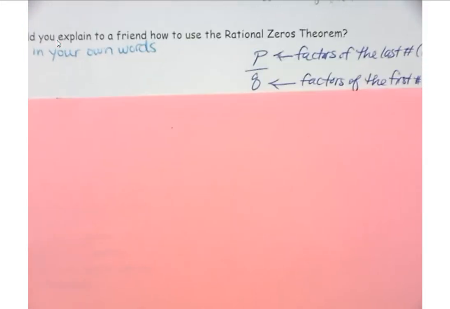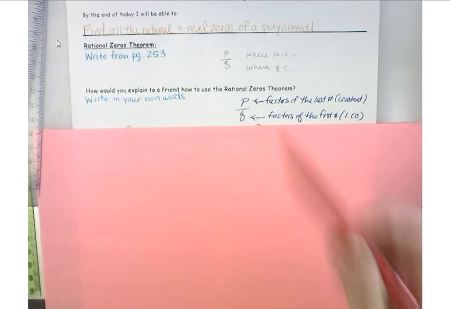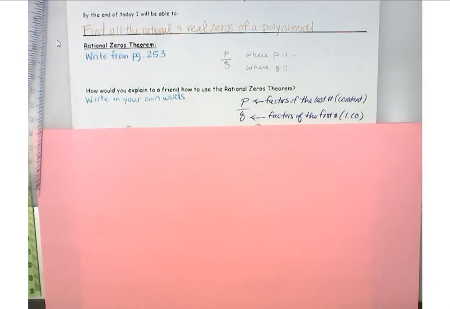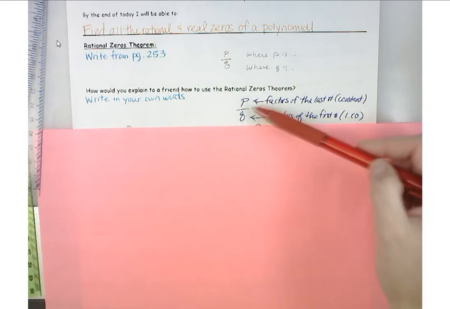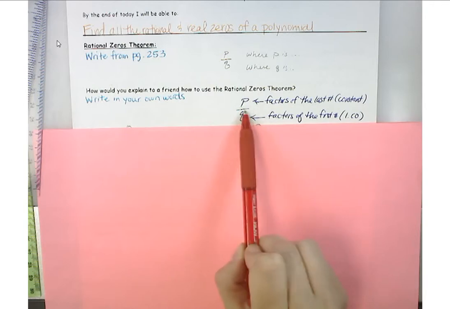So I said, how would you explain to a friend what that is? Okay, so hopefully somewhere in there you are doing p over q, where p is going to be the factors of the last number or the constant. Q is going to be the factors of the first number. And then once you get those factors, what do you have to do with p and q? Really, this fraction bar also means what?